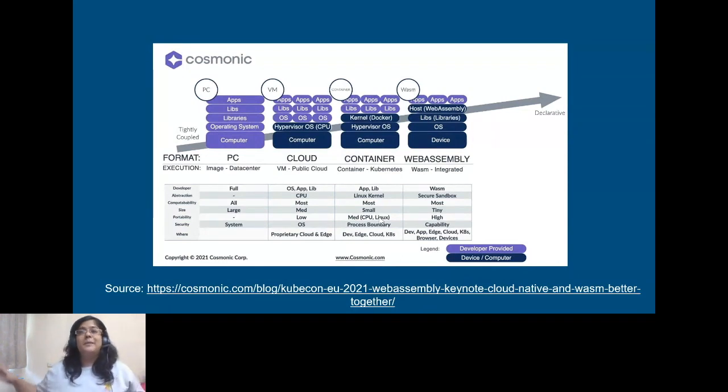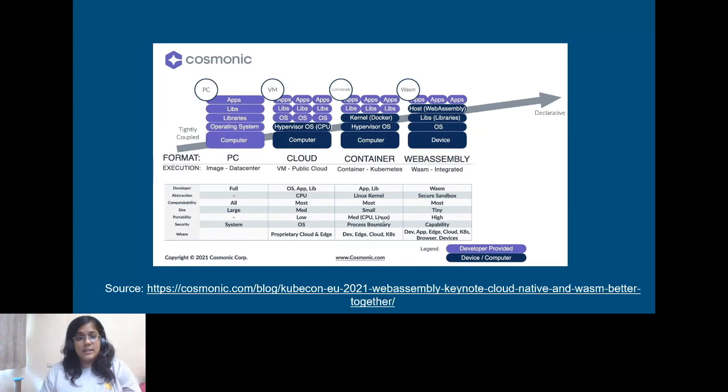I'm not going to say that we've completely switched to cloud native, but when we speak about the traditional premise of having your own data center, knowing which OS and which server and what libraries and what specific programming languages we're using, we have come a long way from that tightly coupled architecture. And with the current premise of cloud native, we are looking at distributed applications. And where WebAssembly fits into the cloud native paradigm is that it offers that additional layer of abstraction.